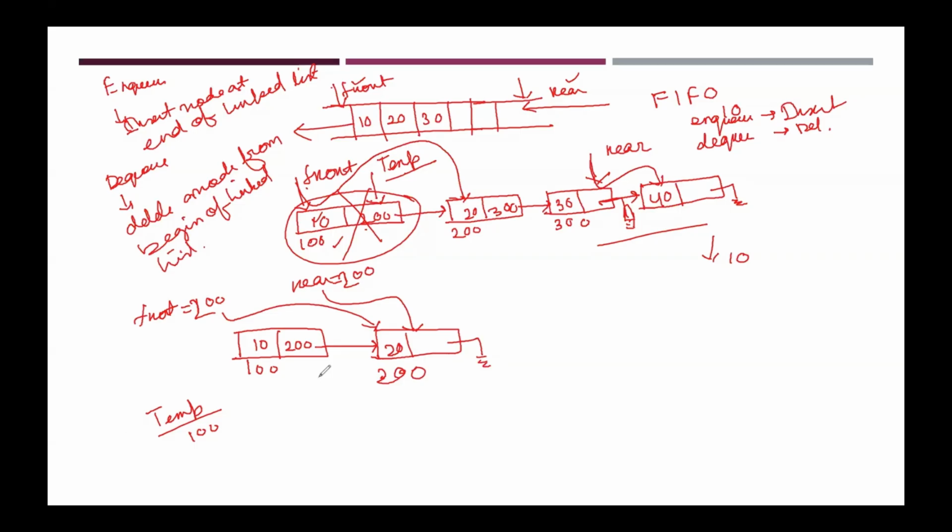Then we have to delete the value. Whenever we call free, it deletes the memory occupied by this node. Now our deletion operation is over. So this is the way we can perform the NQ or DQ operation of the queue with the help of the linked list.